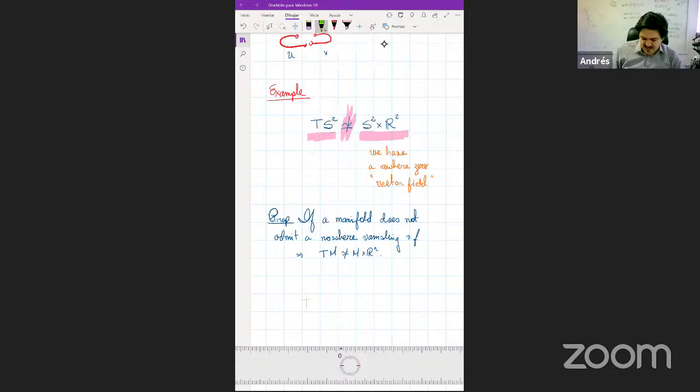So know that if you have a manifold for which the tangent bundle looks like this, you can find a vector field that is nowhere vanishing. Okay? And in fact, you can do more, but at least with one vector field that is nowhere vanishing.